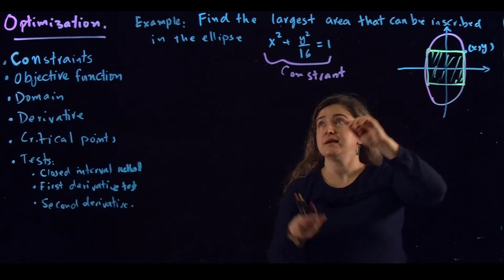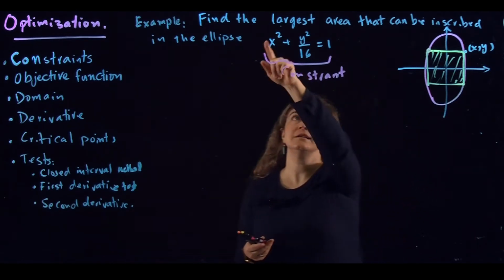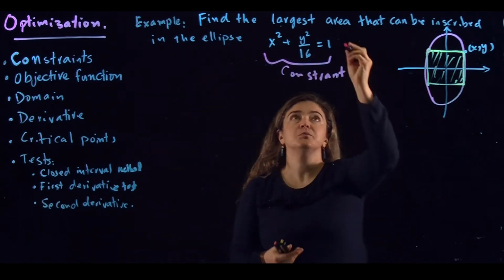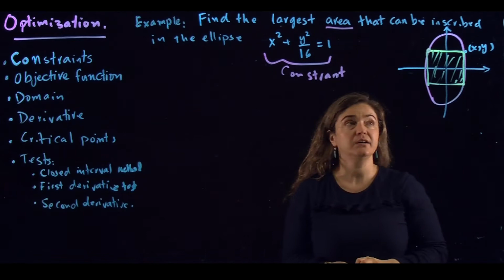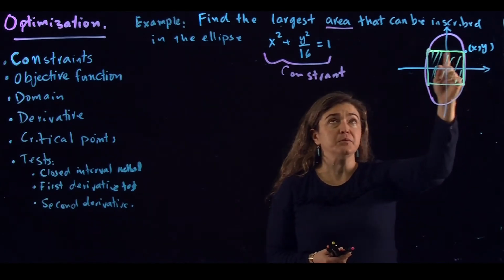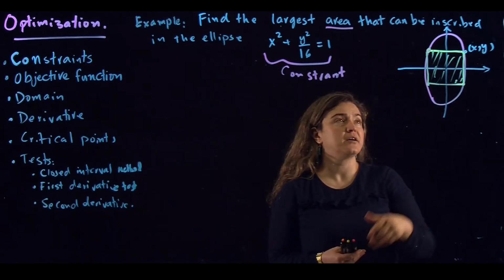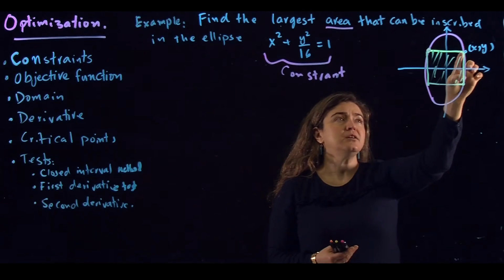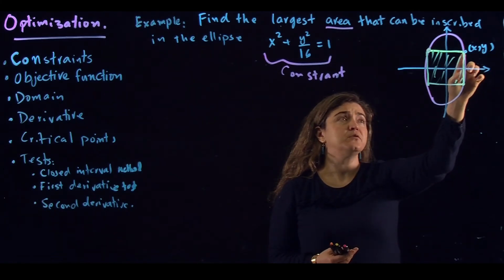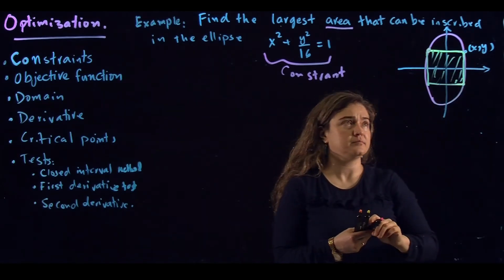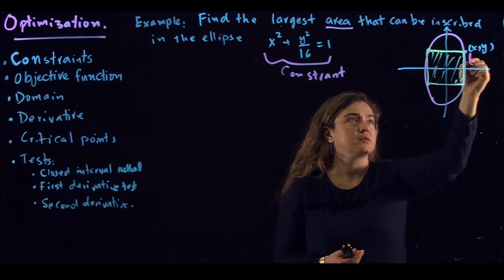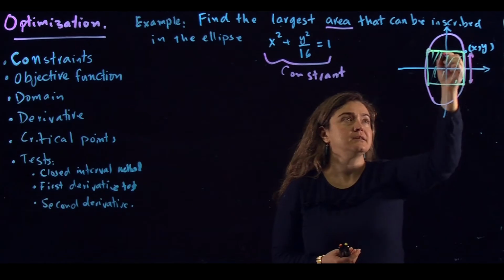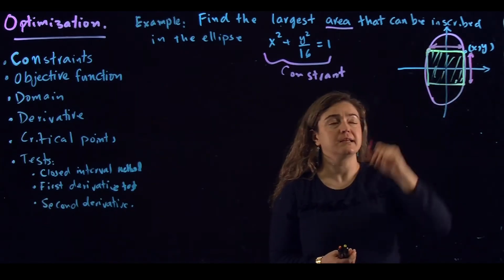As it says, find the largest area, so we're trying to maximize the area and find the maximum area. And so the area is related to this length and this length.